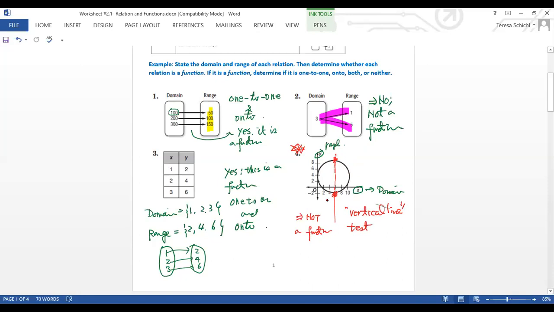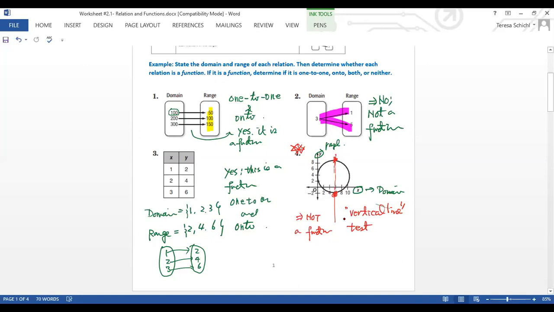That means you draw a vertical line perpendicular to the x-axis to see whether the graph you are given touches at only 1 point or more than 1 point here. Like for here, this one touches more than 1 point, right? So we say this is not a function here.